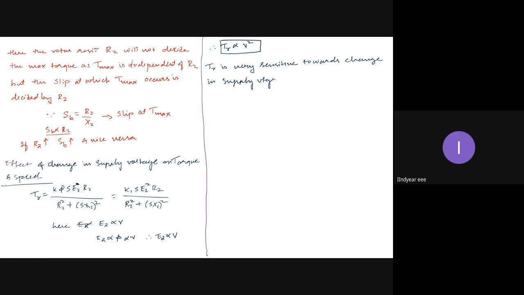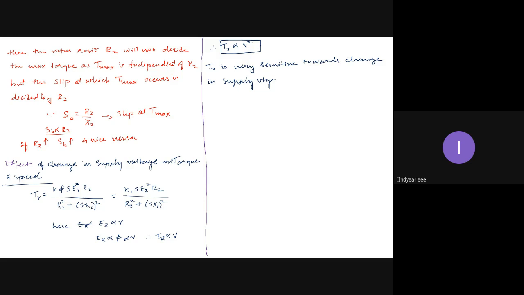Supply voltage is 400, torque is not proportional to 400 square. You cannot take TR equals some constant C into V square. You can't do that. Here we are studying how the torque is varying with respect to variation in voltage, rather than how the torque is directly depending upon the voltage. That is not the issue here. Okay, that you should understand.